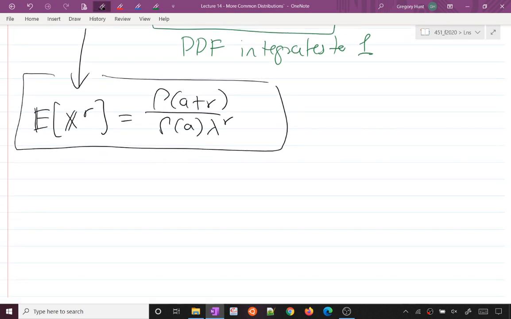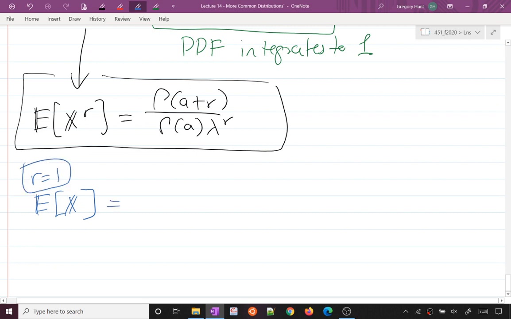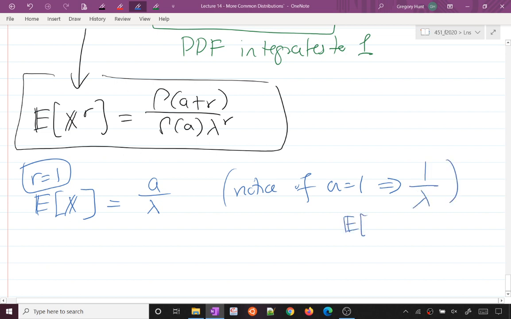And so we saw before that if r is 1, then this thing became a over lambda. Notice if a is 1, therefore we get 1 over lambda, which is the expected value of an exponential random variable, right?